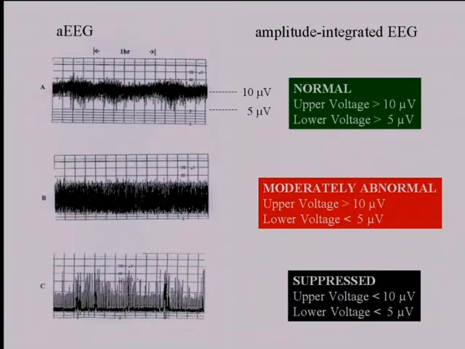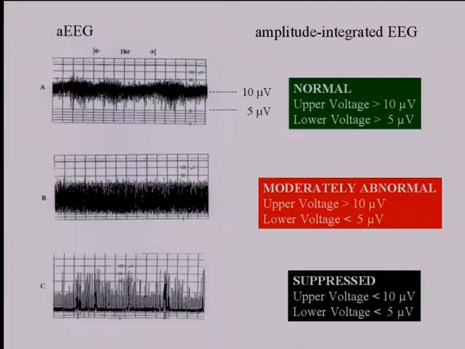I'm showing that here, the lower part of the voltage and the upper voltage. And this is only possible if you record at a certain speed. In this amplitude integrated EEG machines, it must be very compressed. Otherwise, it's difficult to draw the line of the background voltage either in the lower or in the upper range.